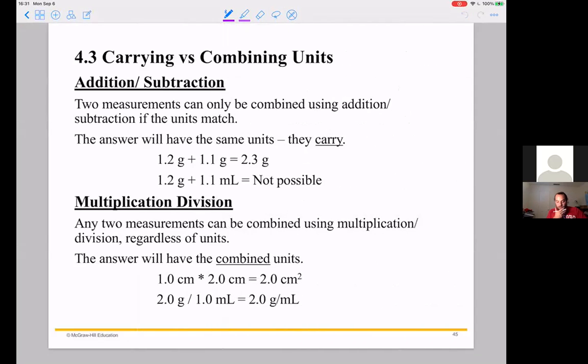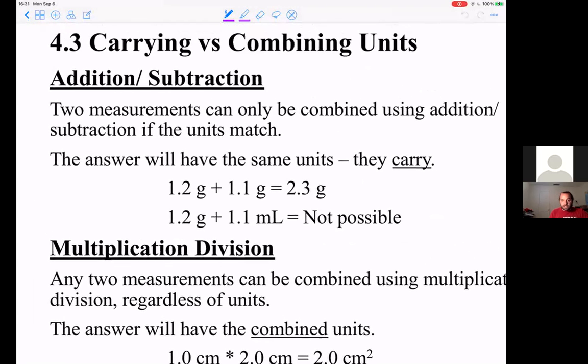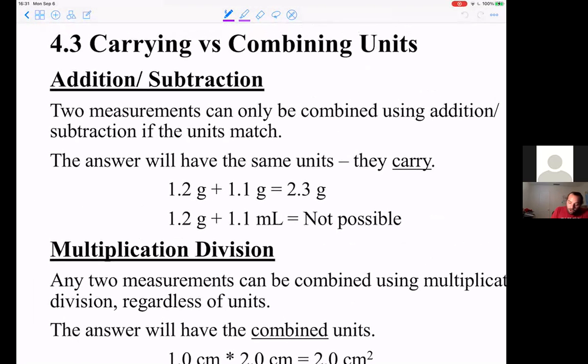Okay. Last, let's talk about combining and carrying units. Now we're talking about units within a particular math problem. With addition and subtraction, those units just carry. Again, it's a different set of rules. What does that mean? Well, basically, they have to match in an addition or subtraction problem.